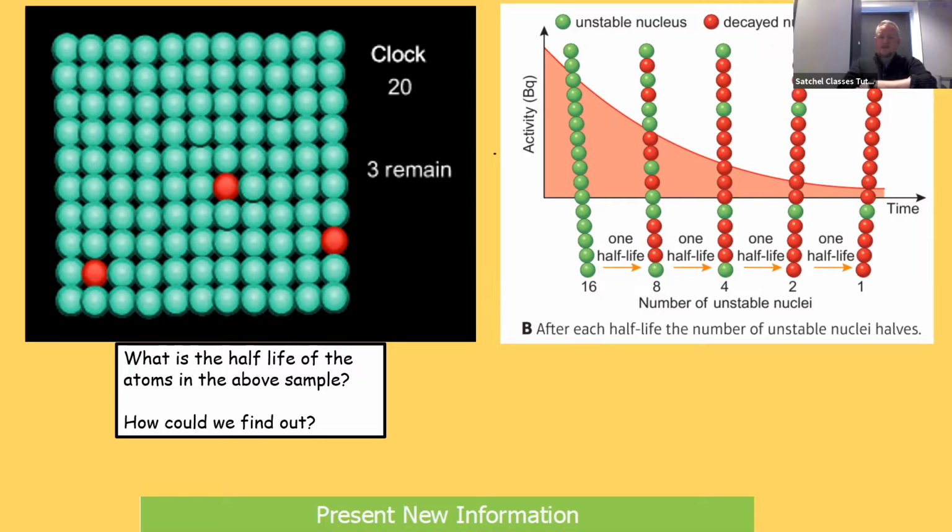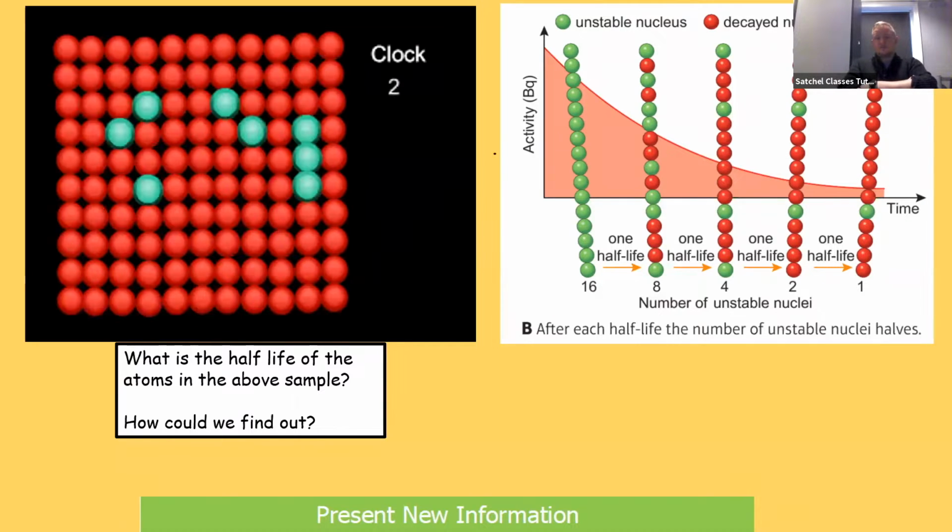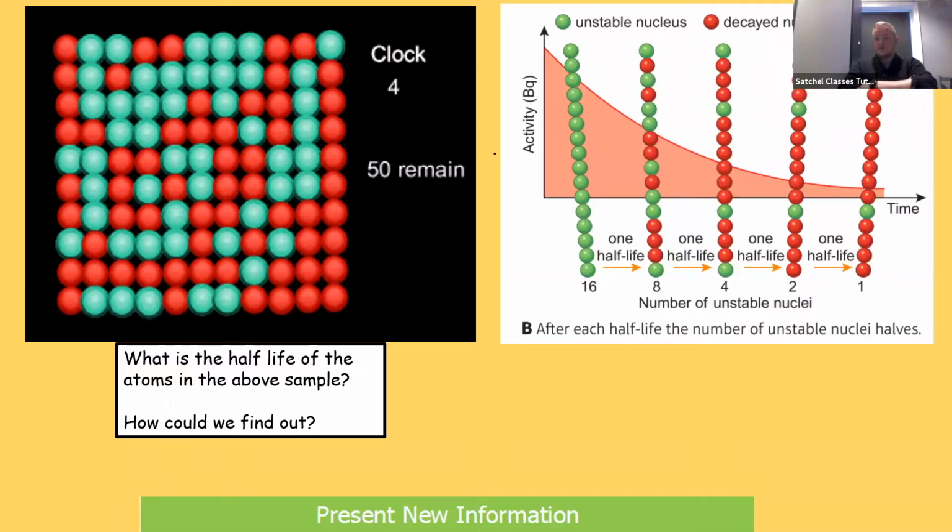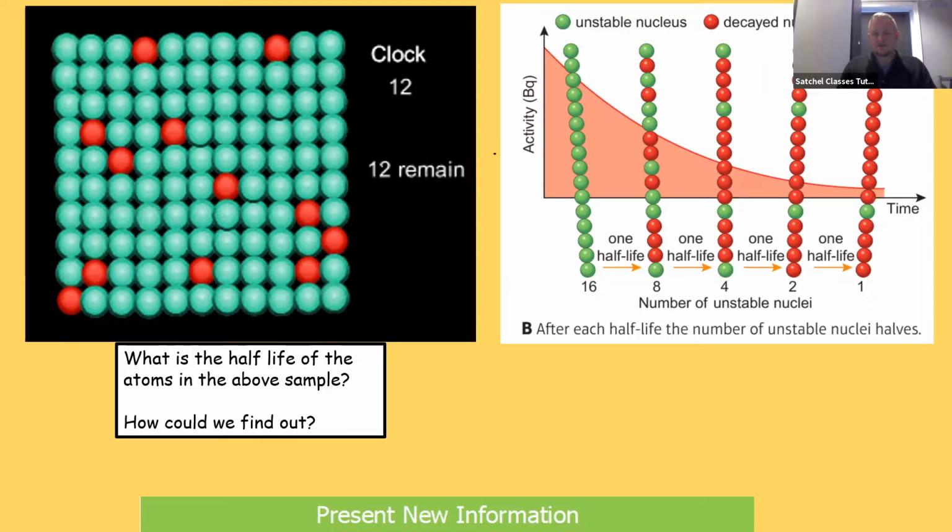Now we can see that roughly every 4 seconds, the number of radioactive atoms in the sample is halving. This means that the half-life of the sample is 4 seconds.